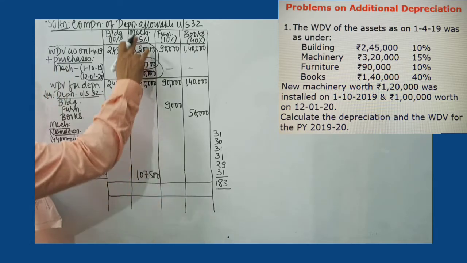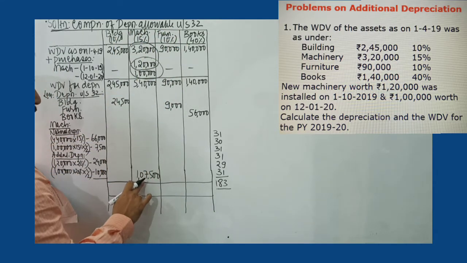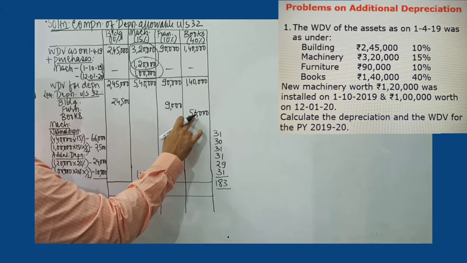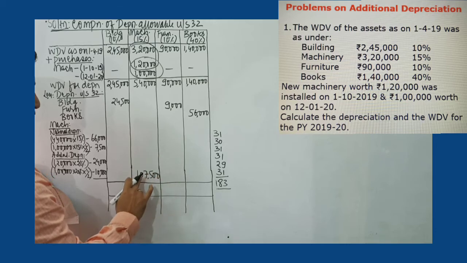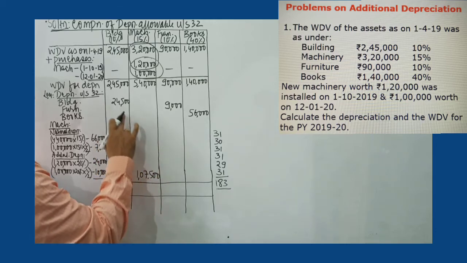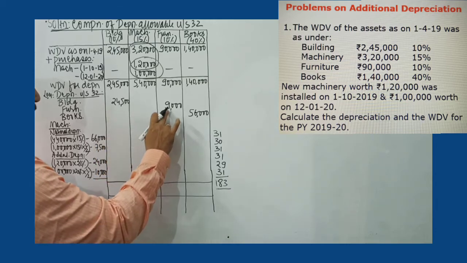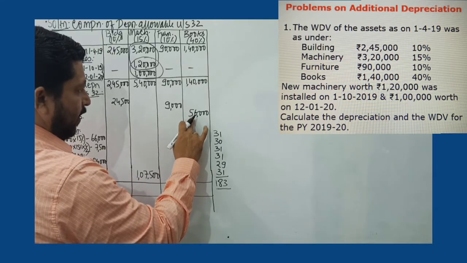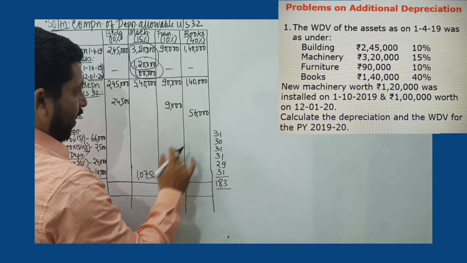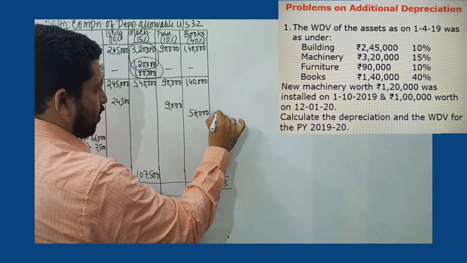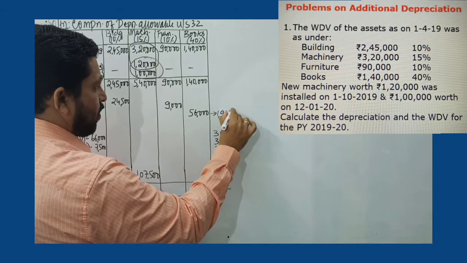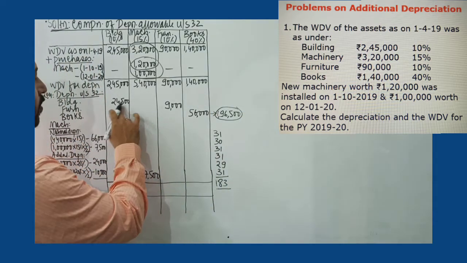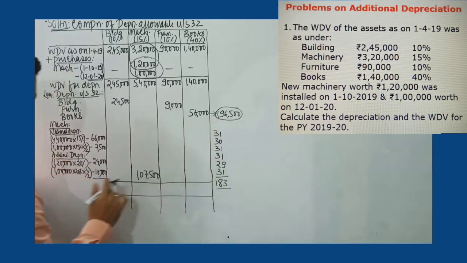Now as far as depreciation is concerned, we need to add all these numbers. 1 lakh 7,500 plus 24,500, 9,000. So we can just add that: 1 lakh 24, 1 lakh 31, 1 lakh 40. 1 lakh 40 plus 50 is 1 lakh 90. 1 lakh 96,500. So total depreciation is 1 lakh 96,500. That is by adding all these numbers, depreciation on these 4 blocks put together.